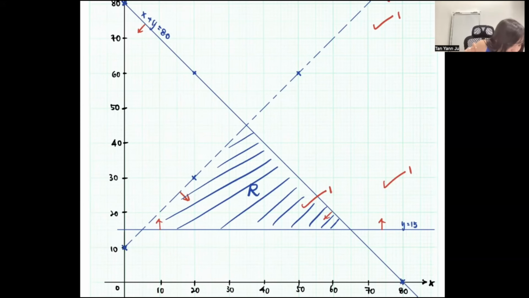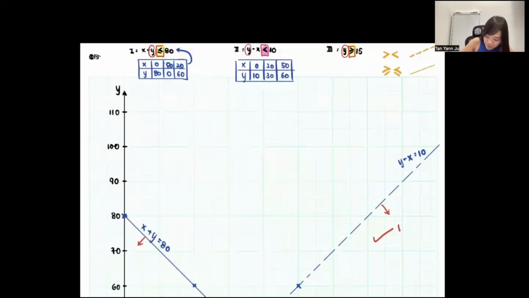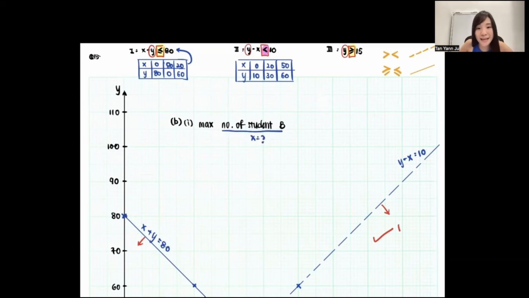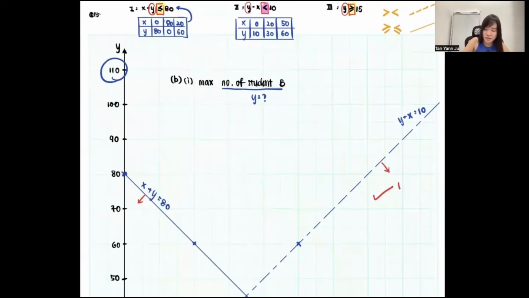The first one: find the maximum number of students from class B. So my dear, look at B1. The number of students for class B is Y. So maximum is the highest. They want to get the highest Y. So guys, what is your highest Y? Don't look at this and tell me, teacher, 110.